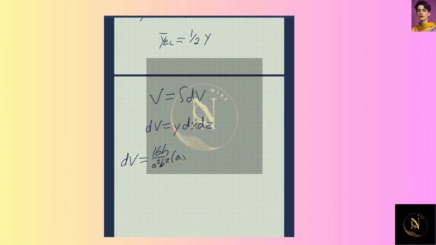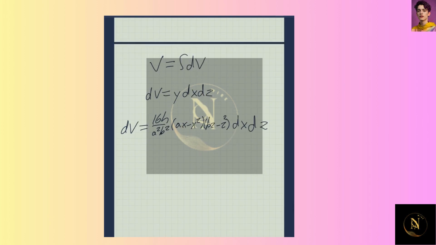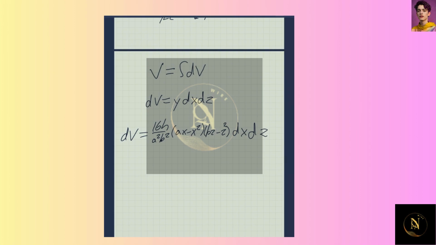So plugging in that equation we're given in the problem, we get that dV is now equal to 16h over a squared b squared times (ax minus x squared) times (bz minus z squared), and then multiplied by dx dz.